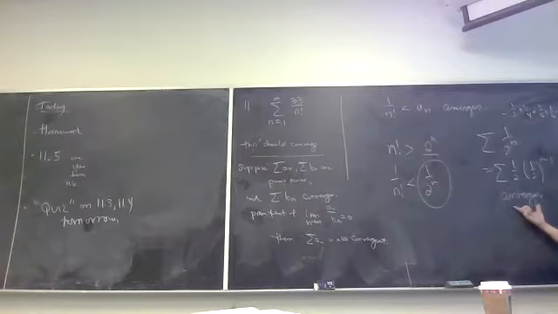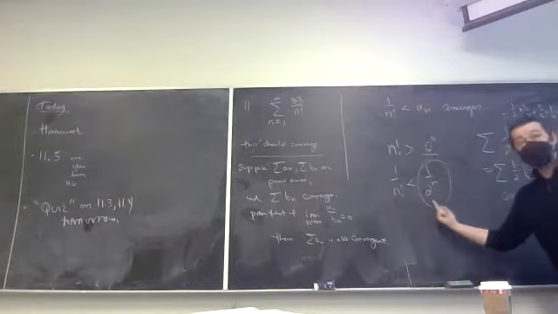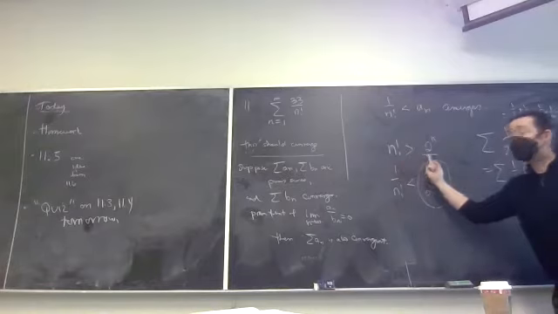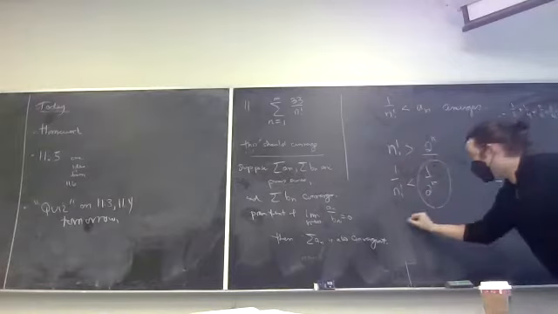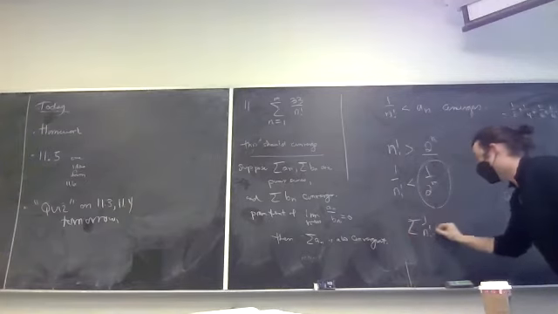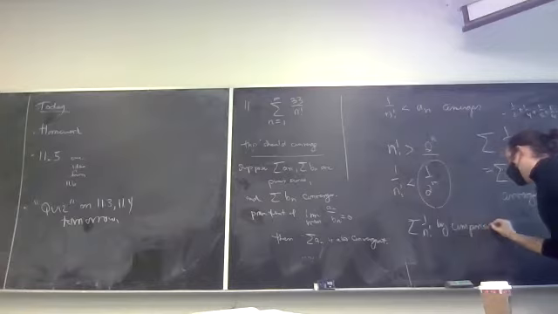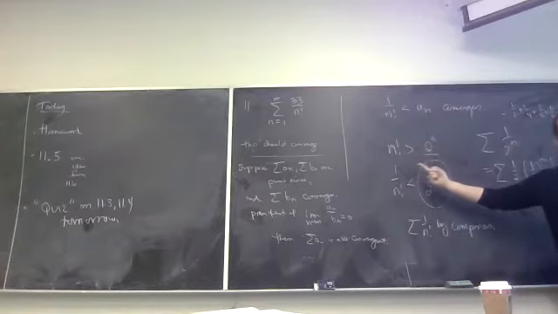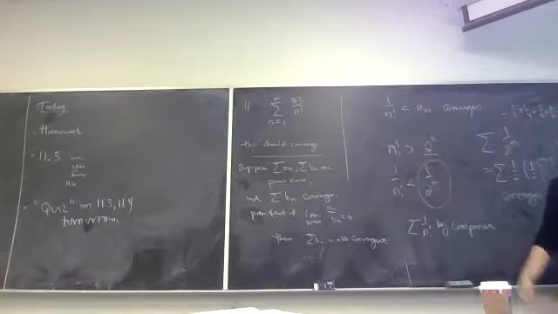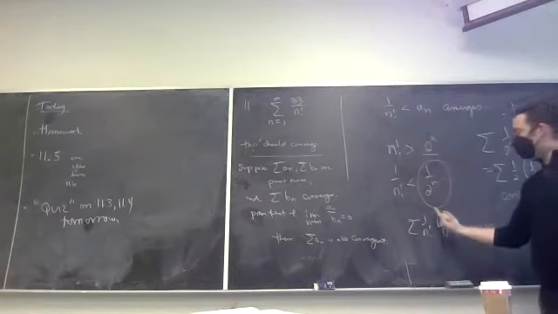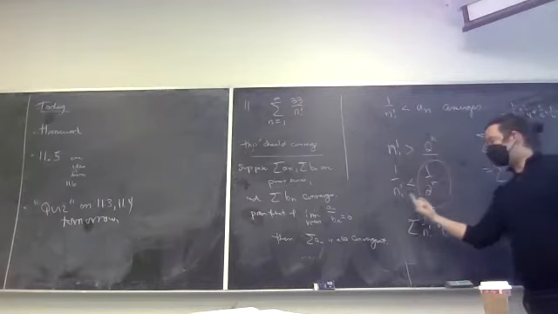So since this series converges, and this has to be smaller than that because factorials are bigger than any exponential, then this must also converge. So your inequality doesn't have to be good. It just has to exist. You have to be able to compare something that you know converges to something that you're testing.